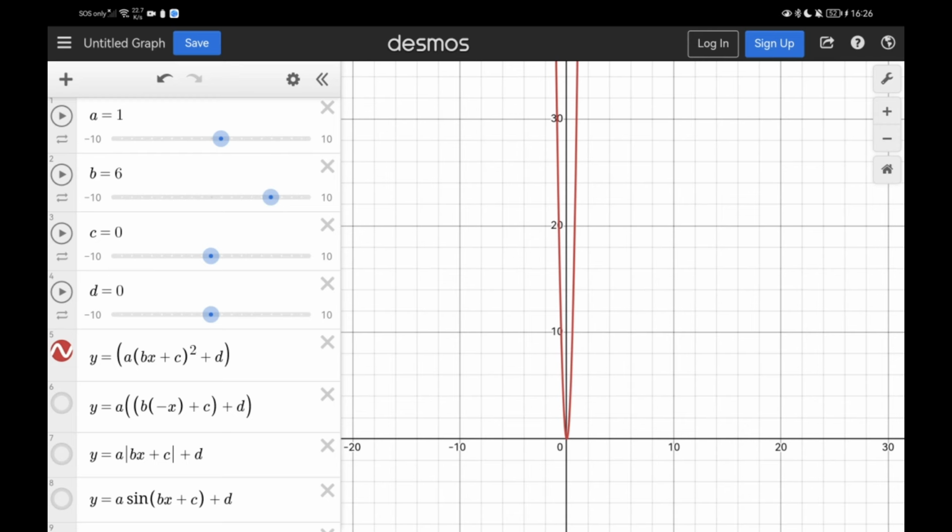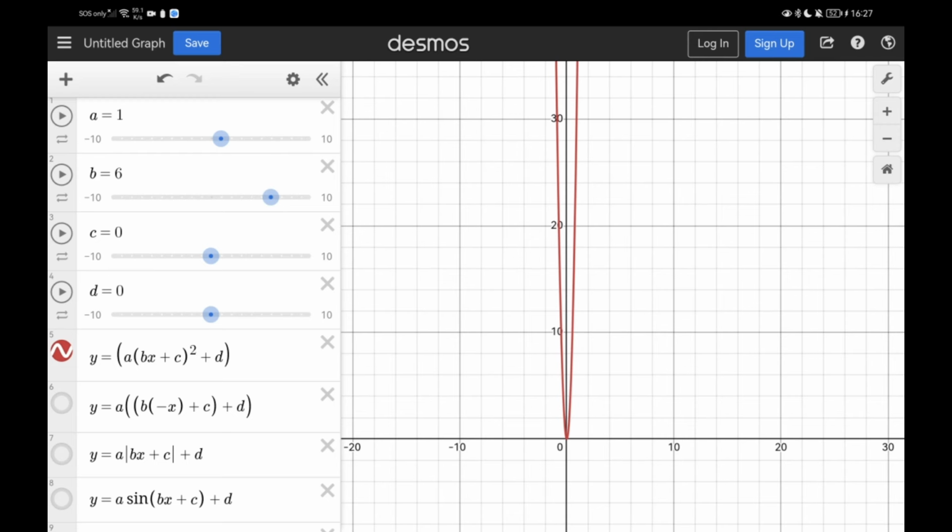Generally, for these 3 transformations, translation and stretching are opposite to the x and y, except for the reflection on the y-axis, which negates the x. For the reflection in the x-axis, it negates the entire function.